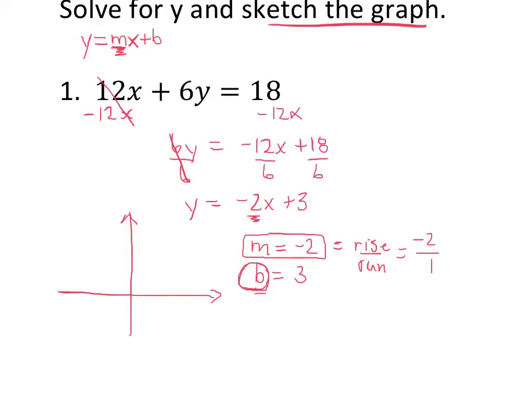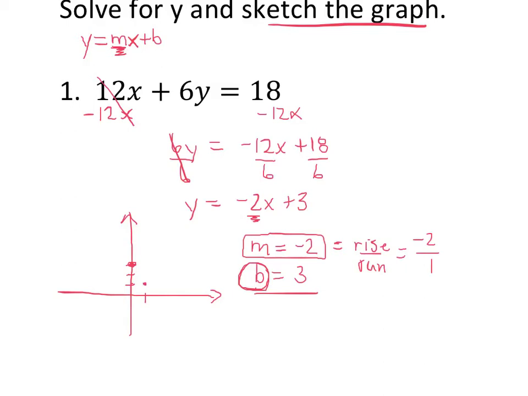So we're going to begin with 3. So on our y-axis, at 3, we're going to put a point. And now we're going to rise negative 2, which means from this point we're going to go down 2, and we're going to run over 1, and so that would be right here. This point would be right here.